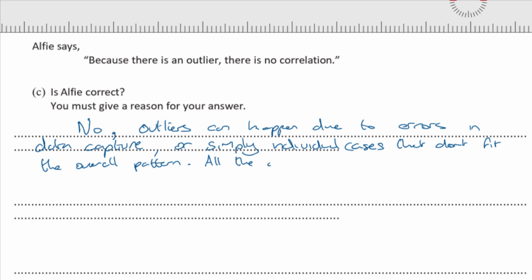All the other points clearly show correlation. So that's what I'm going to say. Okay, so no, outliers can happen due to errors in data capture or simply individual cases that don't fit the overall pattern. All the other points clearly show correlation.